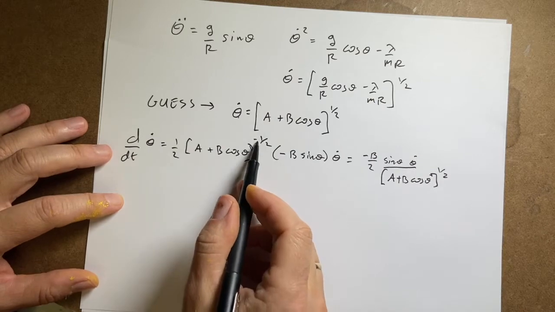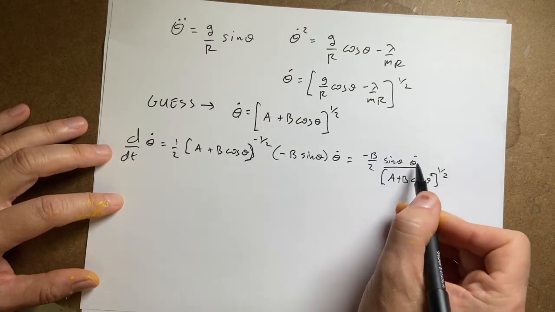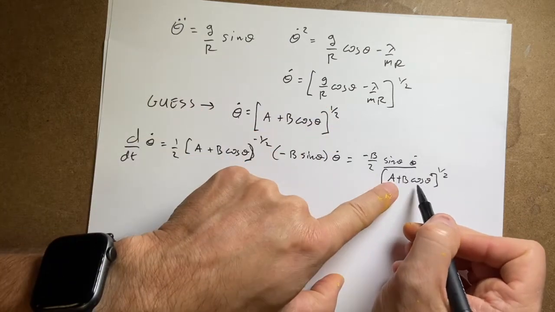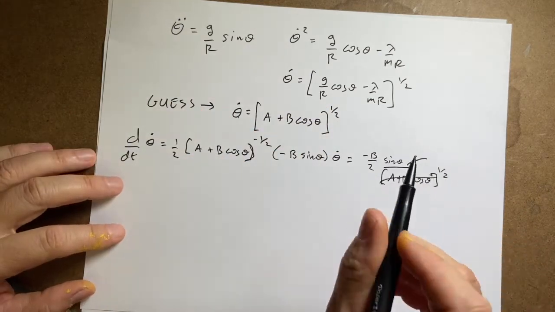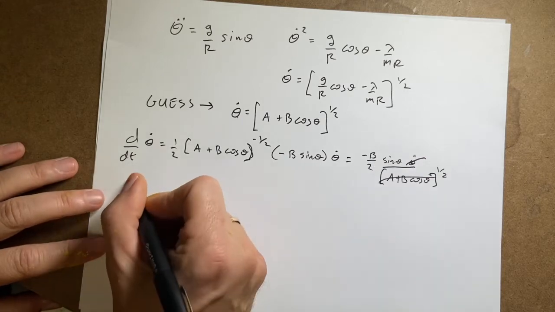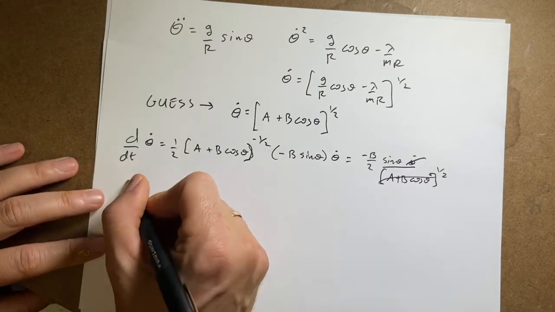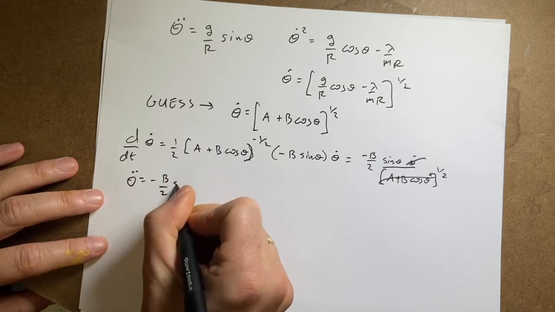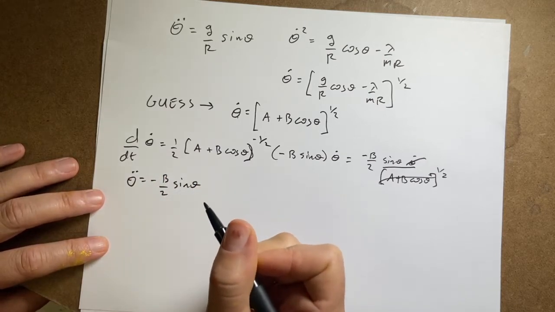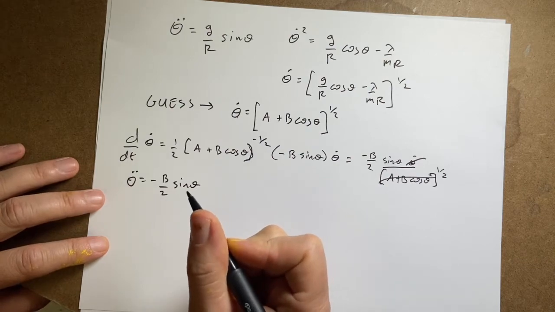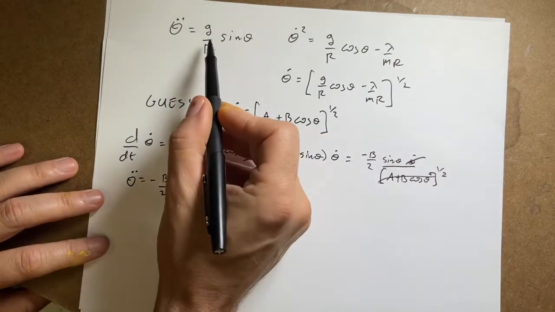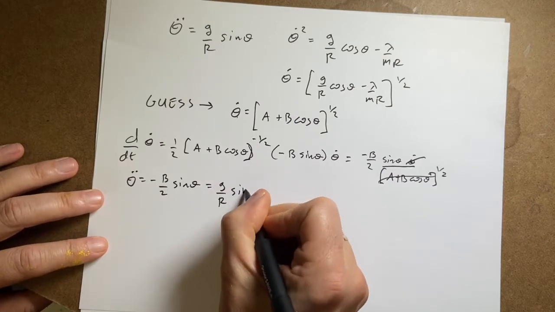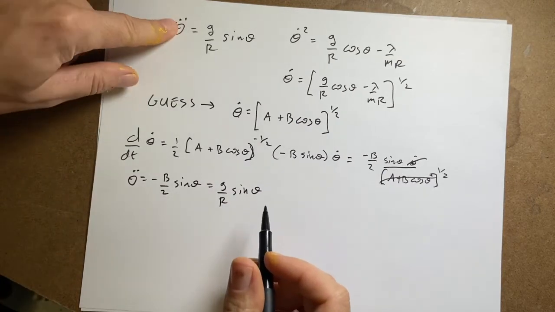So instead of writing it to the minus 1/2 power, move it to the bottom. But now theta dot is a plus b cosine theta to the 1/2, and I have that in the bottom too. So this cancels that. So the derivative of theta dot is theta double dot, and that's equal to negative b over 2 sine theta. But that also has to equal g over r sine theta, because that's theta double dot.